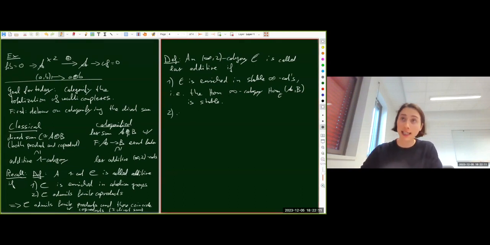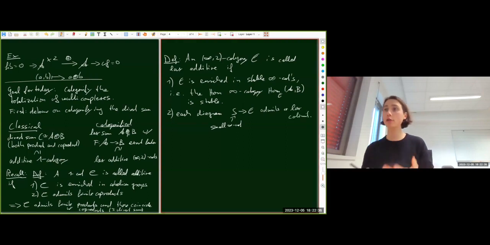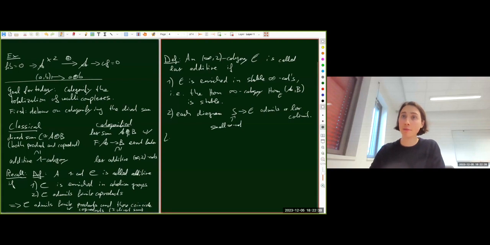And property 2 is that each diagram, now generalizing finite coproducts, so if we take a diagram in C indexed by a small infinity category, this admits a lax colimit. A lax colimit is a 2-categorical notion of colimit. Let me briefly illustrate what this means.